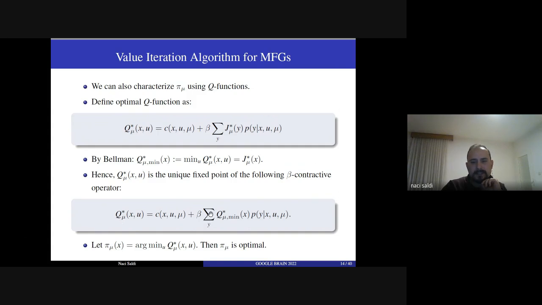Since the optimality operator applied on Q functions is a beta contraction, by using the Banach fixed point theorem, we can easily obtain an algorithm that gives this optimal Q function. By iteratively applying this optimality operator, we obtain the optimal Q function, and from it, we can compute the optimal policy.